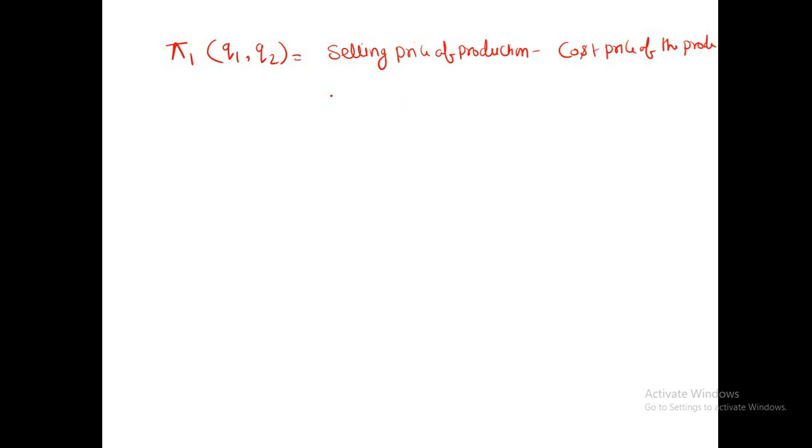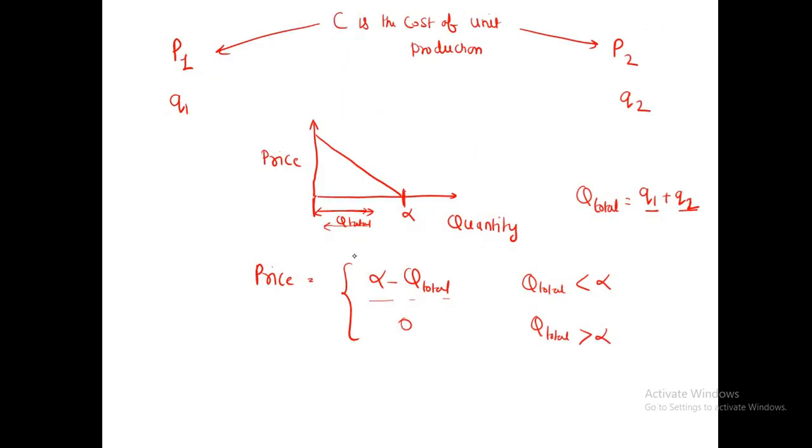We know player 1 is producing Q1 quantity, and we know the market price of 1 unit of product. As per this price function, we can easily determine the value of price. The value of price is what? Alpha minus Q total, and we know that Q total is Q1 plus Q2. So we can write it as alpha minus Q1 minus Q2. So this is the price of 1 unit.